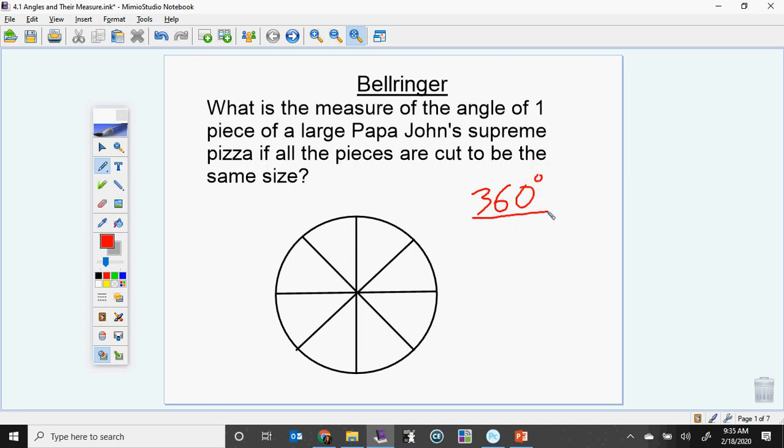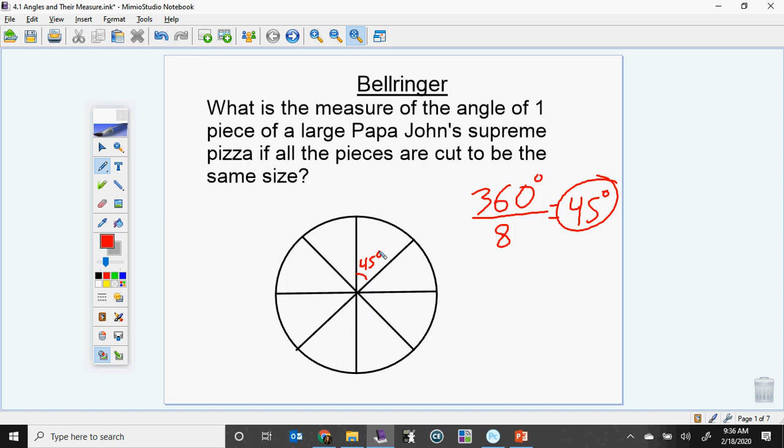If I divide that by 8, I end up with 45 degrees is a single slice of pizza. So for any large pizza, assuming there are 8 pieces, the average angle is going to be 45 degrees, even if they're not all cut the same, because they've got to all still average out to be 45.